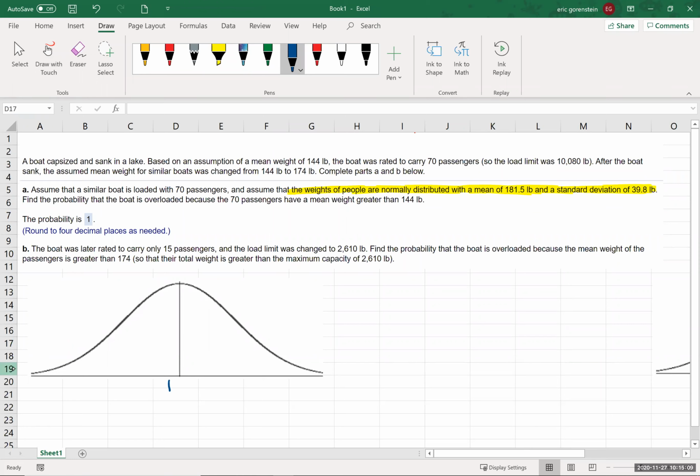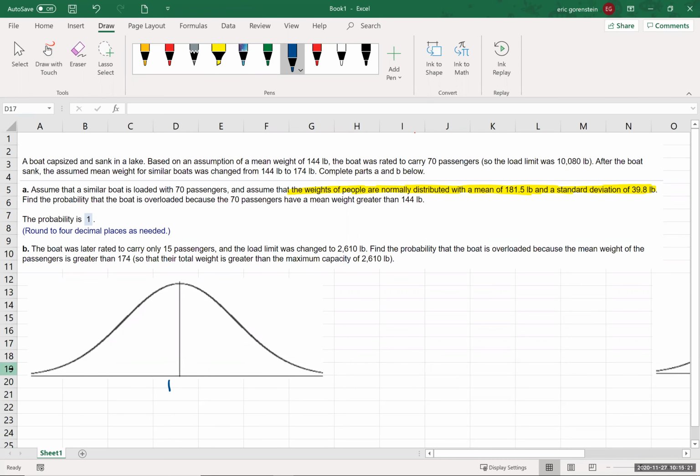The mean is the center, so 181.5. Standard deviation is given in the problem as 39.8. So this is what your work should look like so far on your paper.